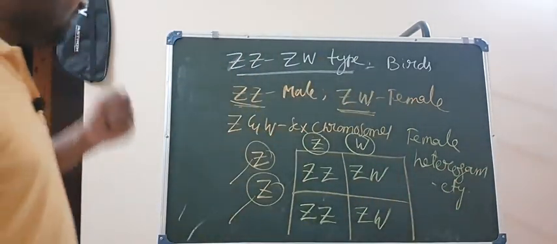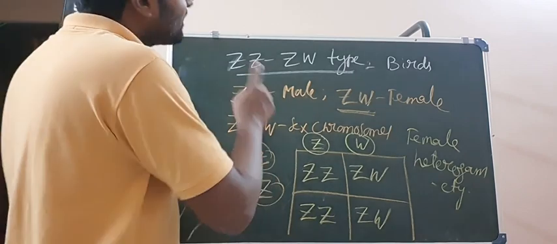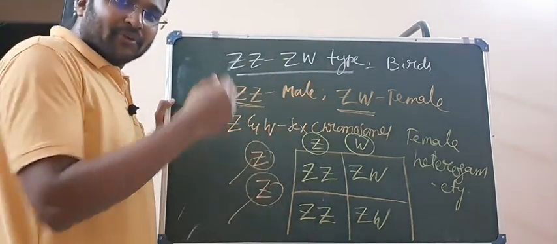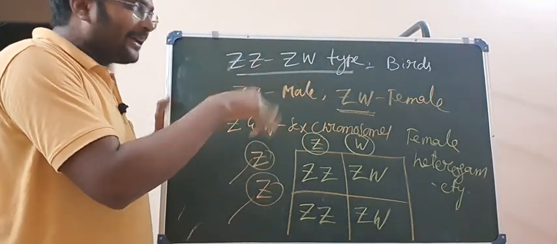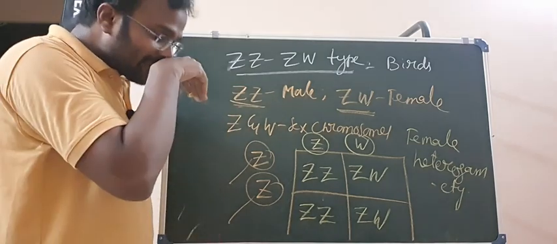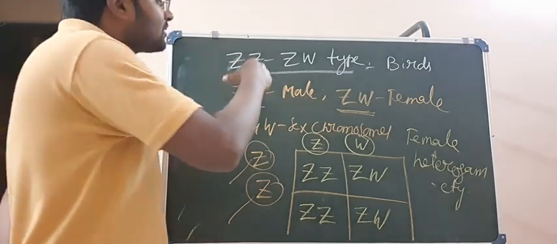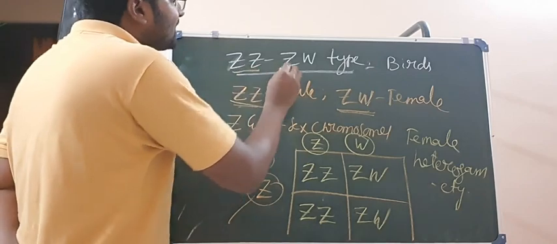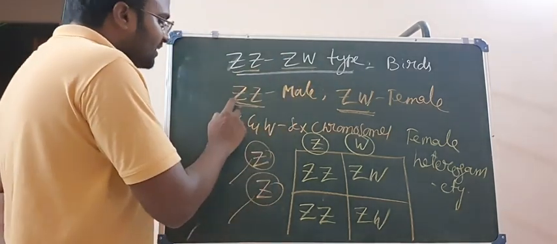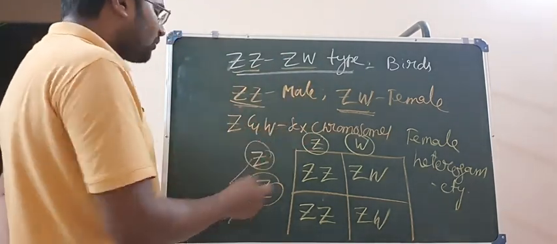ZZ and ZW type, sir, why don't we call it XX and XY? See, if you call it XX, XY, then again confusion may happen. That's why the sex chromosomes are changed to ZZ and ZW. Here Z and W are the sex chromosomes.